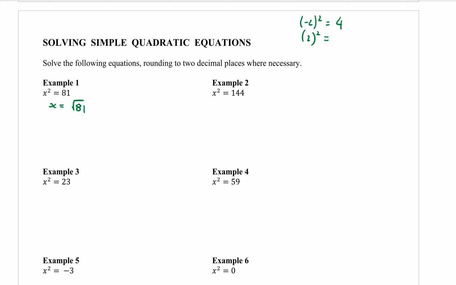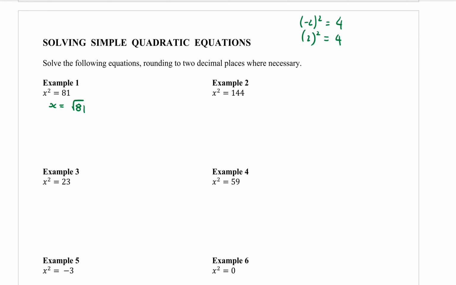No, it's still a positive 4. So, squaring a positive number or a negative number gives me the same result. So, when you square root doing the opposite, you have to also remember that it could have been a positive or it could have been a negative.